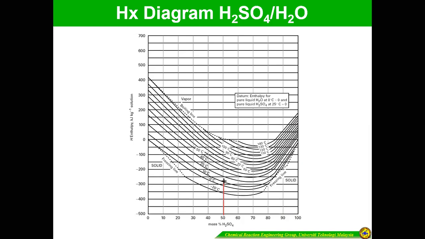So this is 10 degrees C, and this is for H2SO4 in H2O. At how many percent? Then you can read the heat. It should be in kilojoule per kilogram. You have to remember the unit.